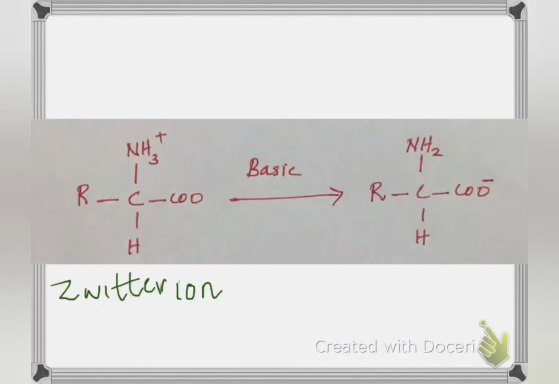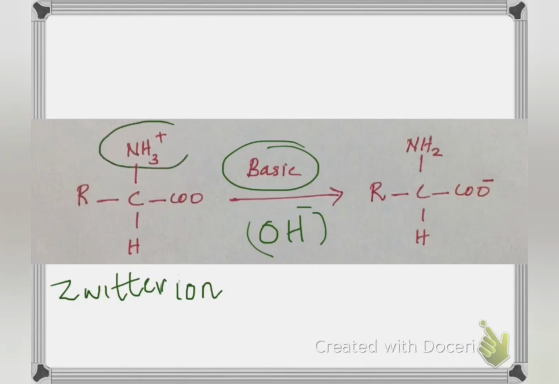Now, let us consider the basic condition. In the basic condition, the OH minus concentration is more. So when we keep the Zwitter ion in the basic condition, the H plus from the NH3 plus moves out and combines with OH minus, releasing a water molecule.